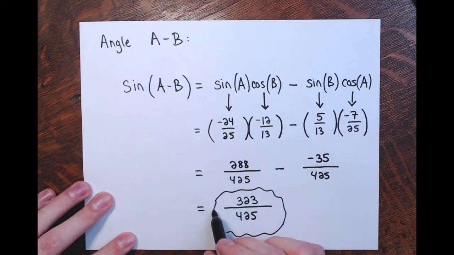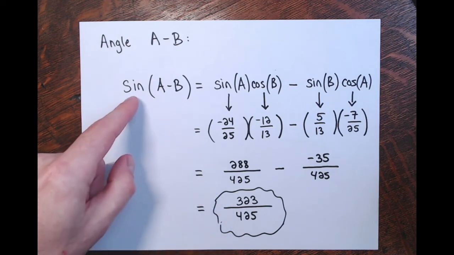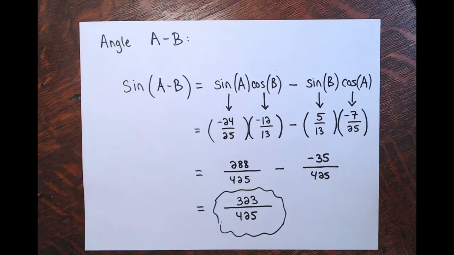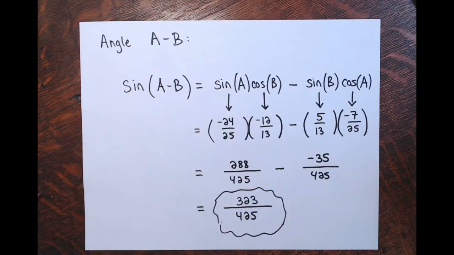I think that might be simplified. I'm not going to bother. I'm going to enter that and see if they take it. But this should be the value of the sine of the difference of those two angles that I was given. If I took those two angle measures, I don't know what they are, but I do know that if I subtract them, I can tell you what the sine of that new angle will be.